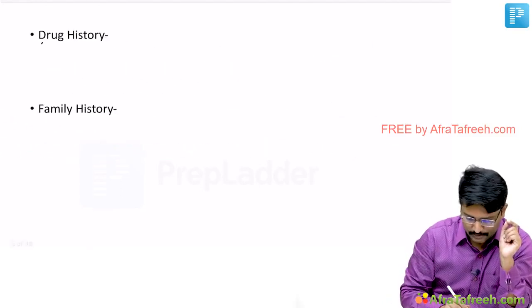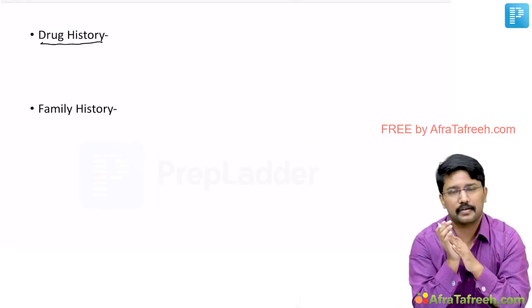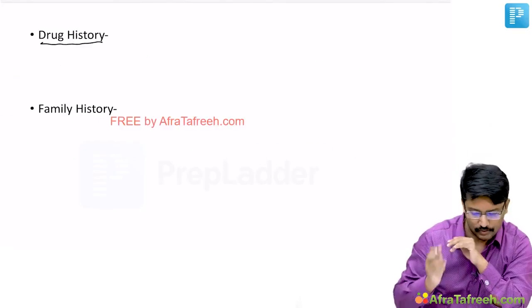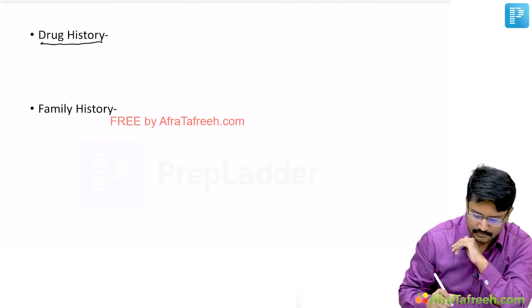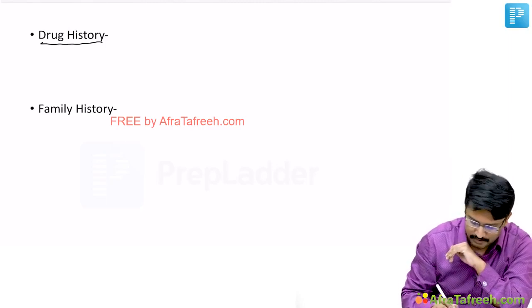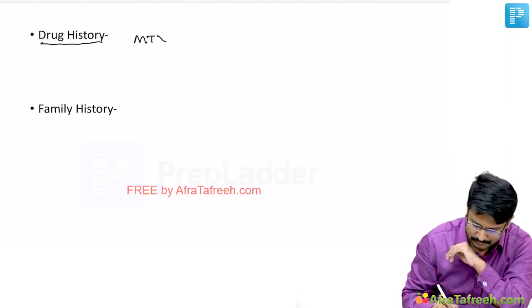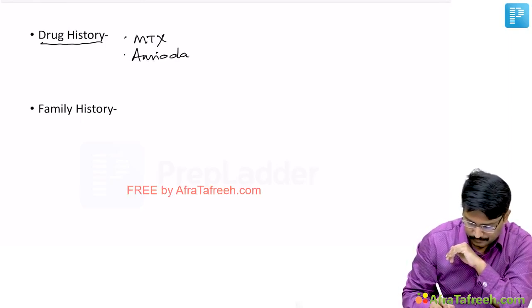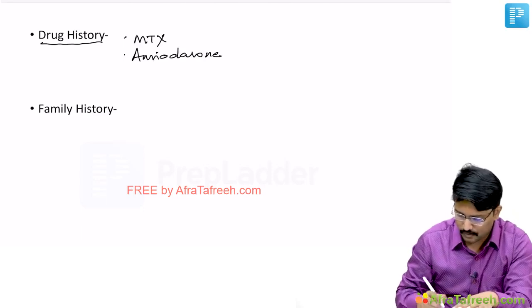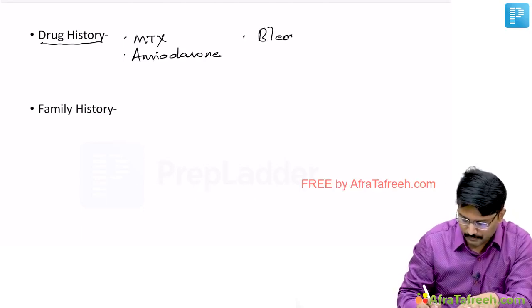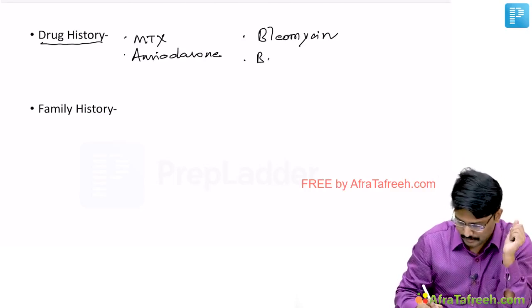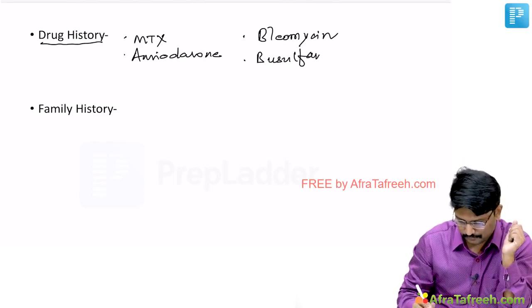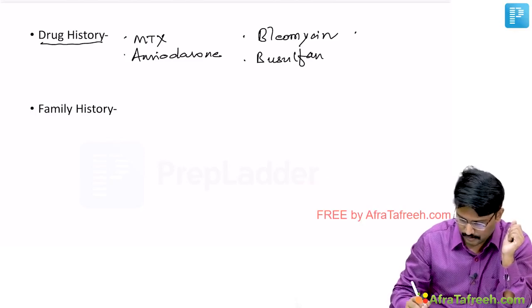Then, as I told you earlier, drug history is very relevant because certain drugs are known to be associated with ILD, and I will just reiterate the drugs that we mentioned there, starting with methotrexate, amiodarone, bleomycin. Bleomycin was recently asked in NAMS, busulfan, and nitrofurantoin.